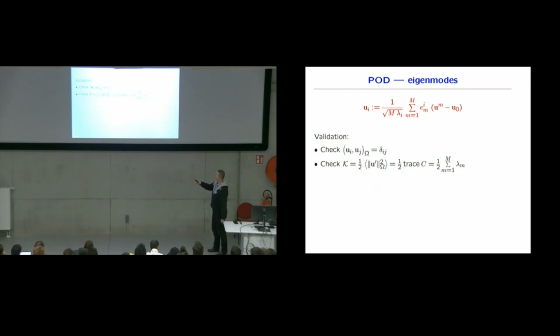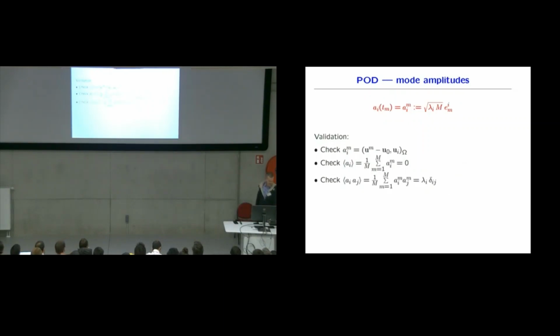So at the end, you also have normal modes. You can check this by looking at the trace: the trace of the correlation matrix should be the sum of the eigenvalues, which should be the average fluctuation energy in the flow. So these are the POD modes.